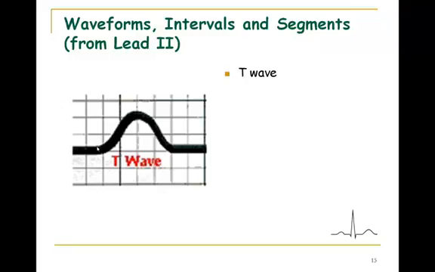You may have an inverted T wave in digitalis toxicity. So digitalis is a drug given to heart patients, and if they get too much digitalis, it can create changes in the EKG. So often, people on digitalis therapy are monitored with the EKG to make sure they're not getting too much of it.